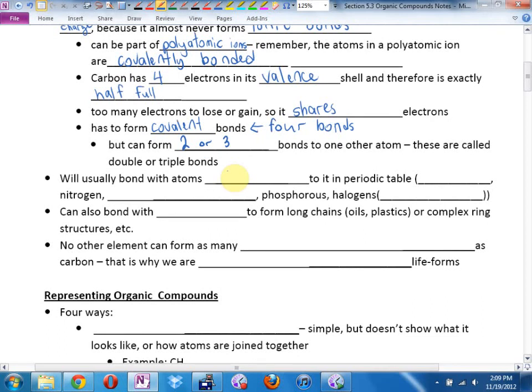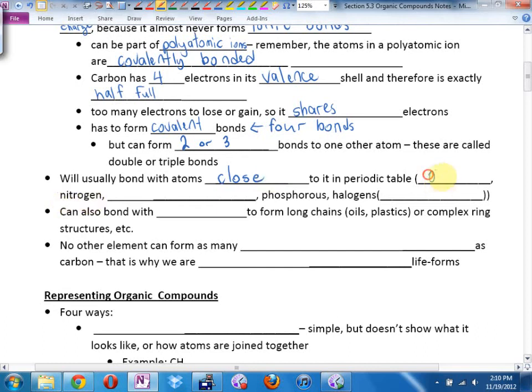It's got a preference, though. It's a little fussy. Usually it will bond with atoms that are close to it on the periodic table. So if you got your periodic table in front of you, what atoms are close to carbon? Nitrogen.